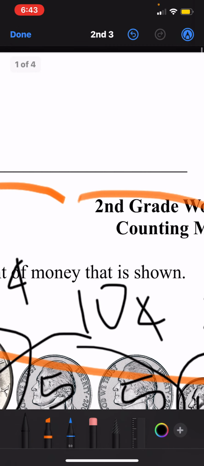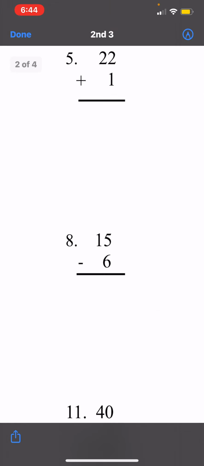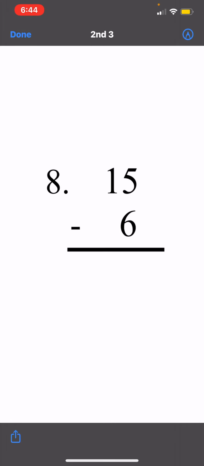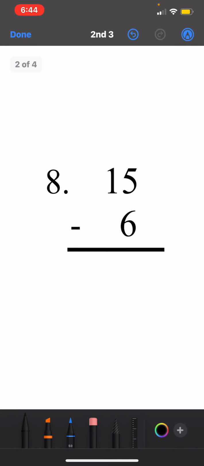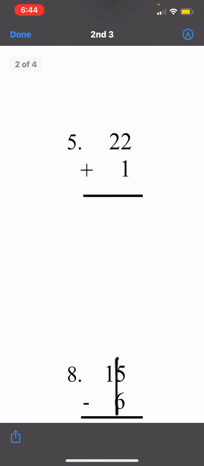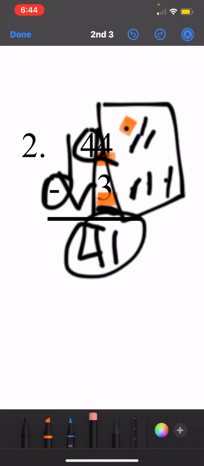Let's look at number 8. Number 8, we have 15 and 6. So I'm going to subtract 5 with 6. Now before you do anything with this problem, do you realize, let's look at number 2. Well, that's messy. I'm going to erase some of that.